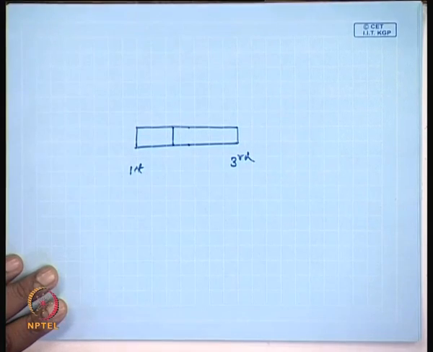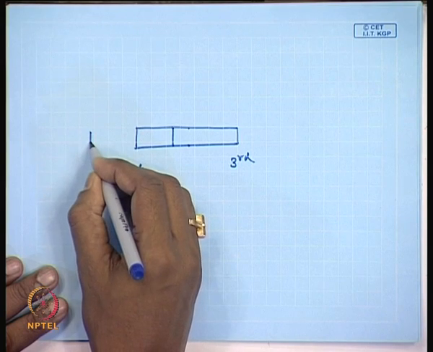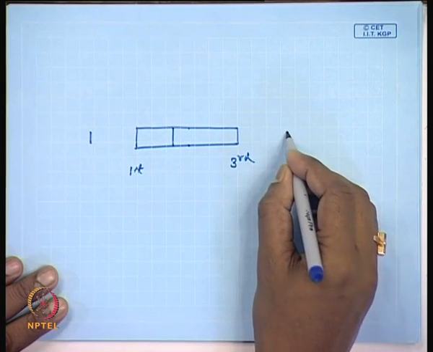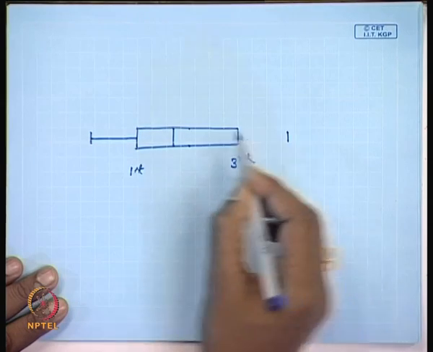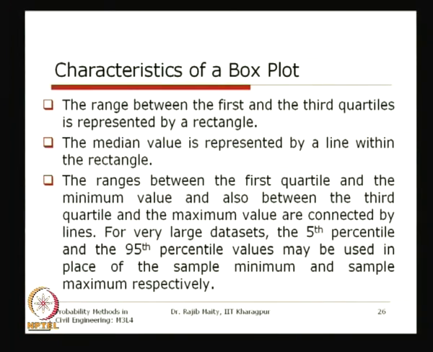Then the range between the first quartile and the minimum value, and also between the third quartile and the maximum value, are connected by lines. Suppose this is the minimum value and this is the maximum value, then these two are connected by these lines.